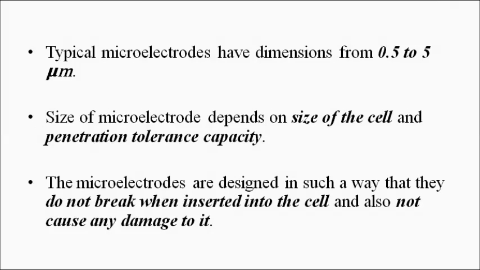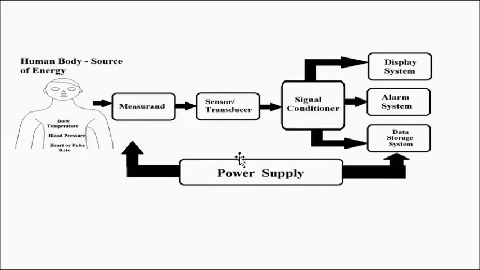Now we all know the basic biomedical measurement system. The electrodes have sensors which measure the specific body parameter, the biosignal, and then we give it to the various signal conditioning circuits, which convert it into the required form for further analysis or for display.